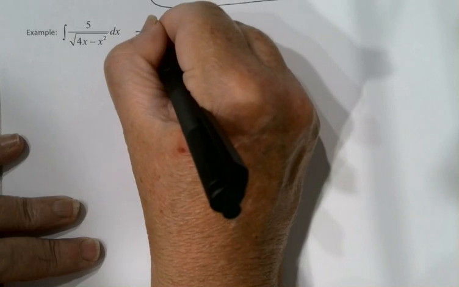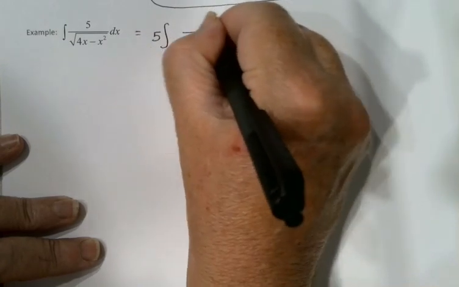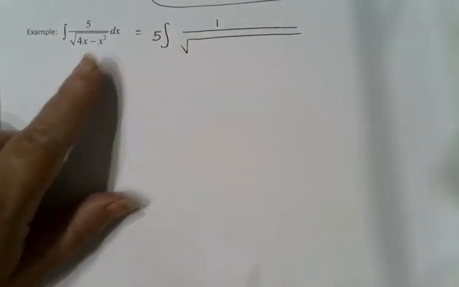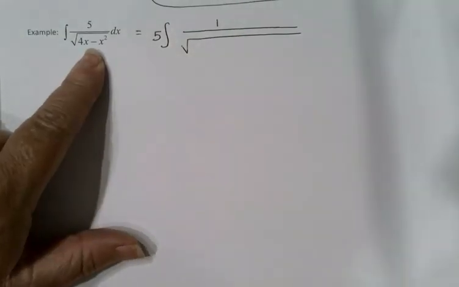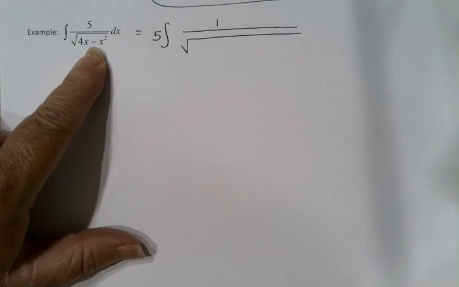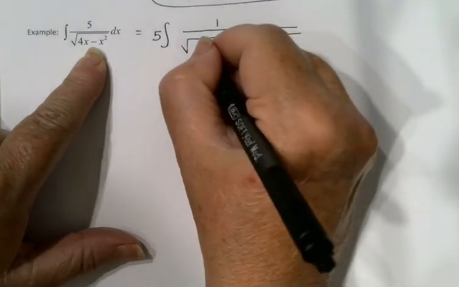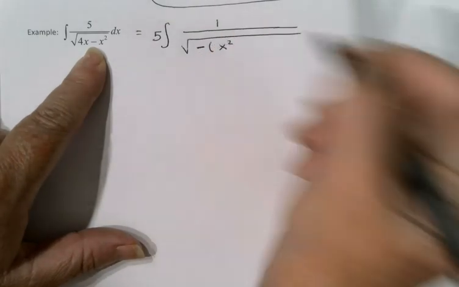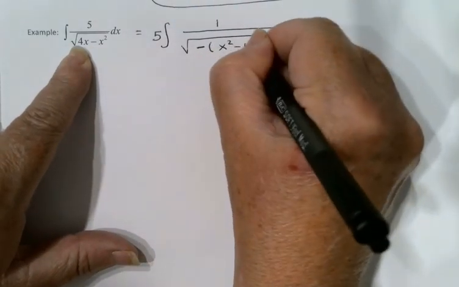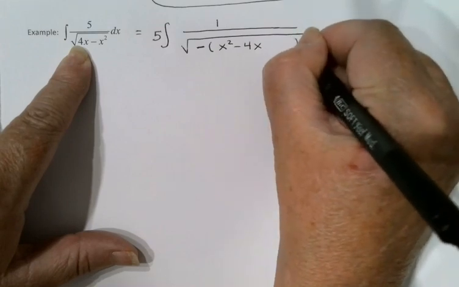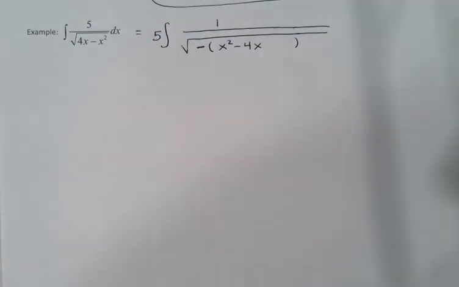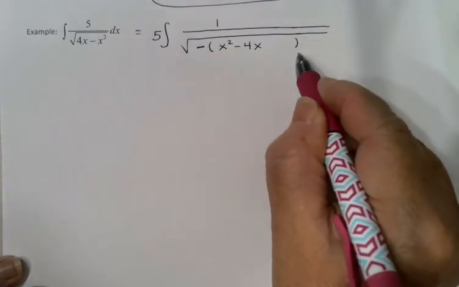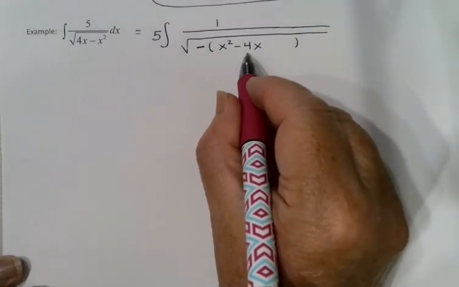I'm going to pull the 5 out of the integral right away. And under my radical, if I want to complete the square, I have to have just a positive 1x squared. So I'm going to factor a negative out and then make that x squared minus 4x. Under my radical and inside the parentheses, I'm going to complete the square.